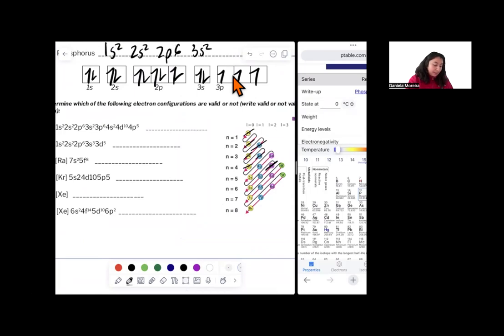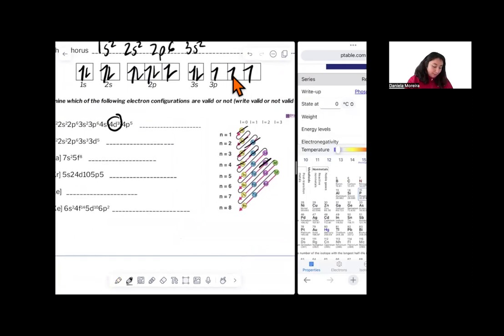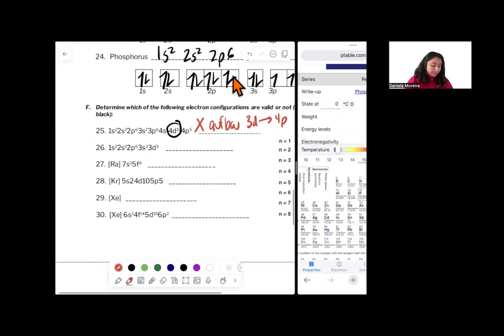Oh, then we notice that this skips to 4d10, but it should actually be 3d10 and then 4p6. So this is incorrect, because it skips Aufbau: we do the lower 3d, then we do 4p.